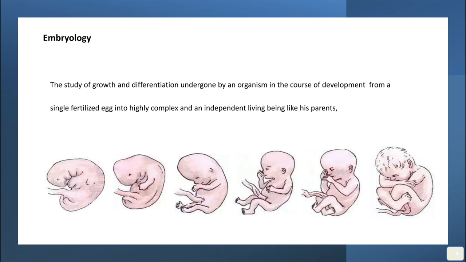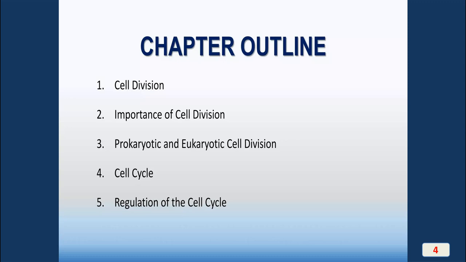It's one of the most complex phenomena, especially in living beings. So this particular chapter consists of cell division, importance of cell division, prokaryotic and eukaryotic cell division, cell cycle, and regulation of the cell cycle. All these topics will be dealt with one by one.